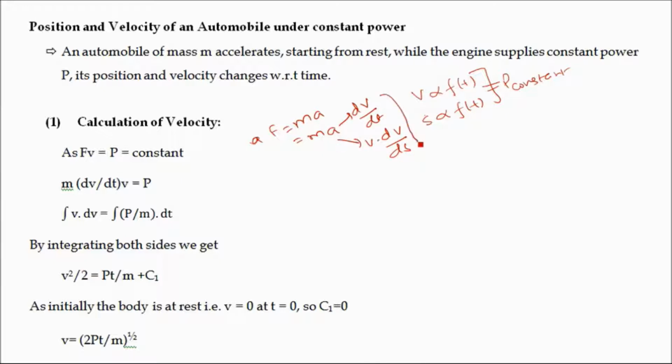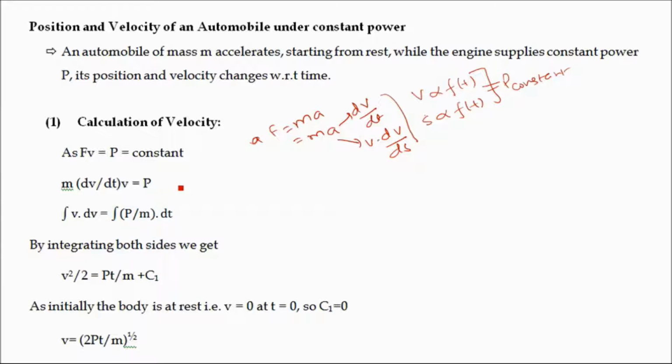If you don't have an idea about these two, go through my class on motion in a straight line to get more idea about it. So if I write force as m into dv by dt, multiplied by v, it will be equal to P, which is a constant.